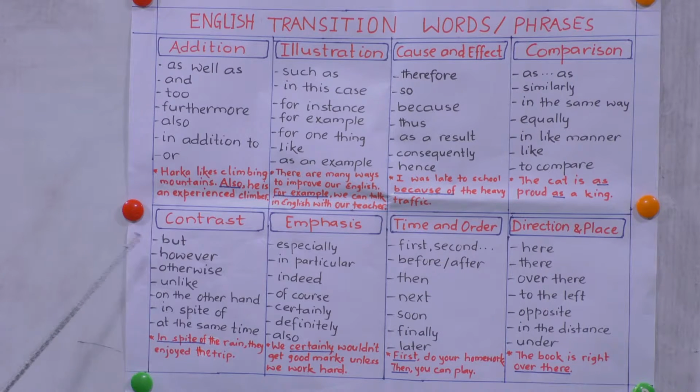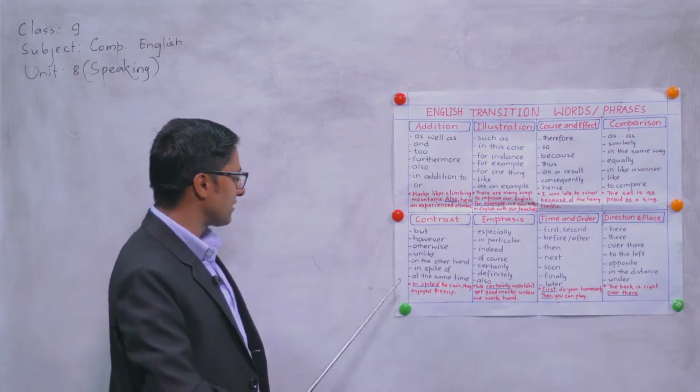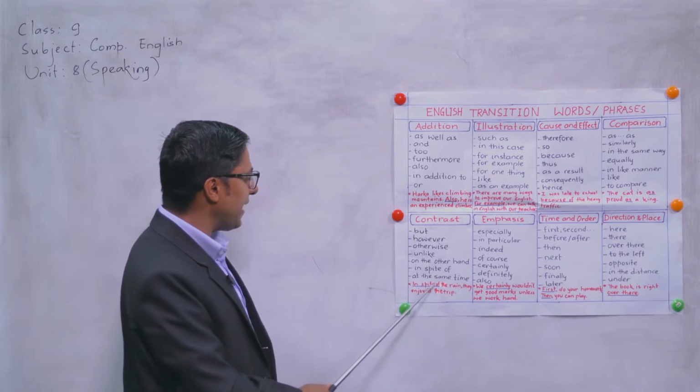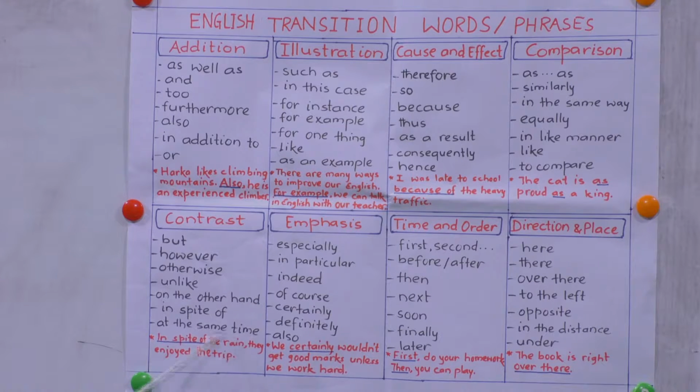You can see there: but, however, otherwise, unlike, on the other hand, in spite of, at the same time. They are used to show the differences. For example, in spite of the rain, they enjoyed the trip. See there. Generally, in the rain, it is difficult to enjoy the trip, but they did it.